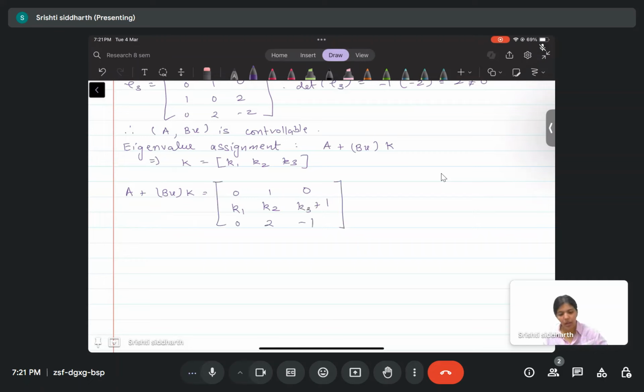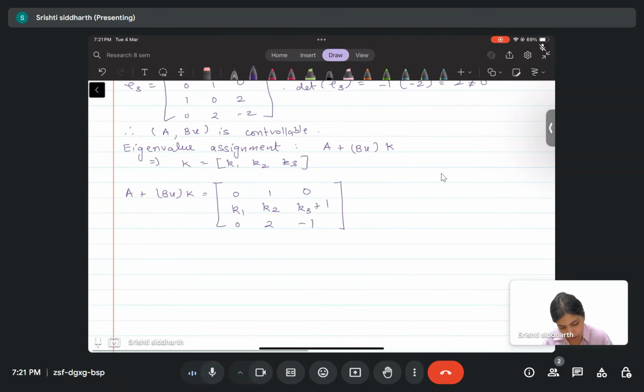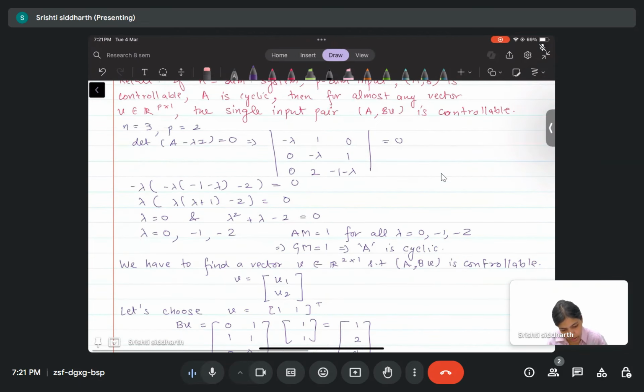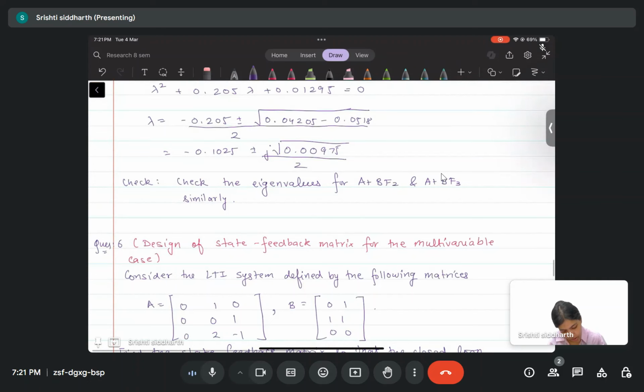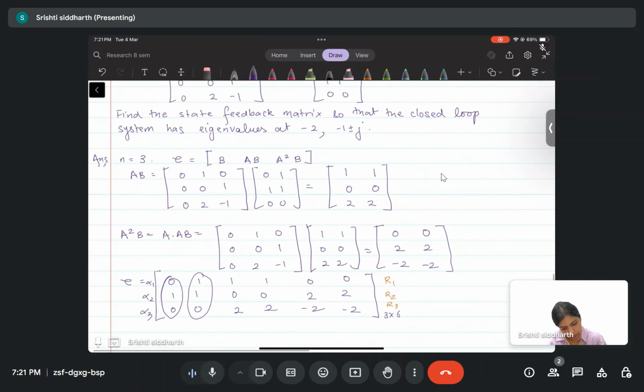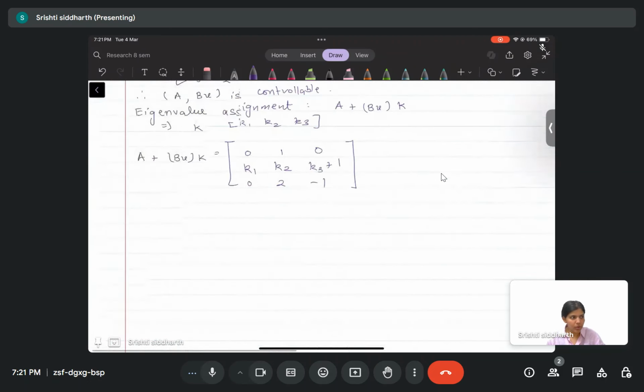So we'll use this. But first we have to figure out the desired characteristic polynomial. So the desired eigenvalues are at minus 2, minus 1, plus minus 1, which is 2. Okay.